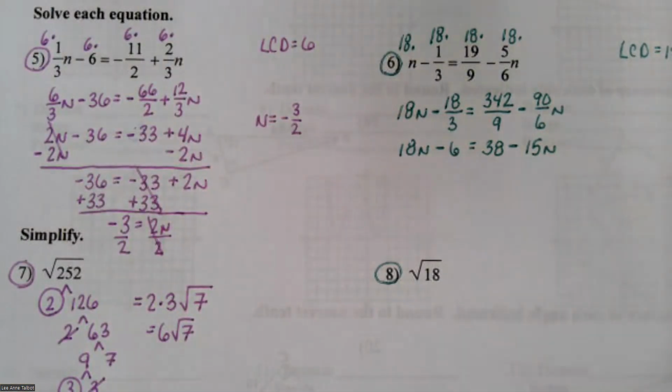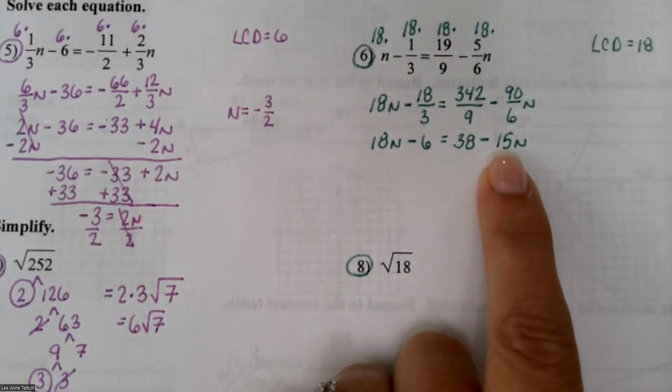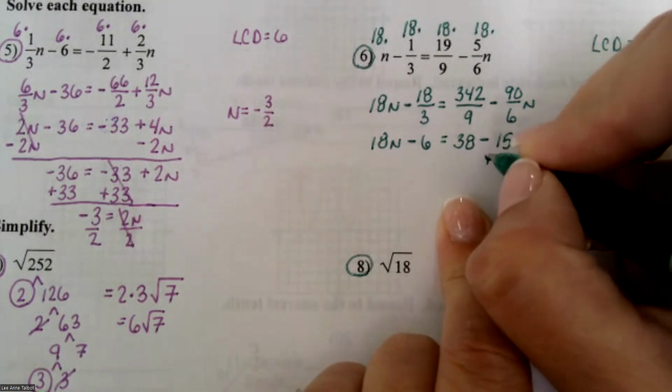Okay, what do you guys want to undo first? I want to undo negative 15n, but I guess it doesn't matter. Whatever you want.